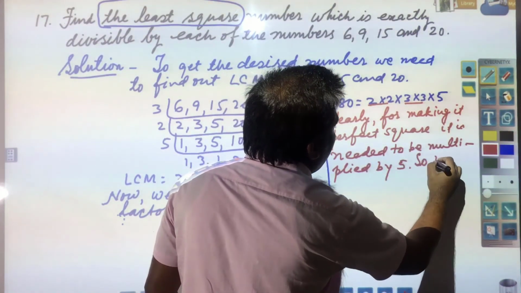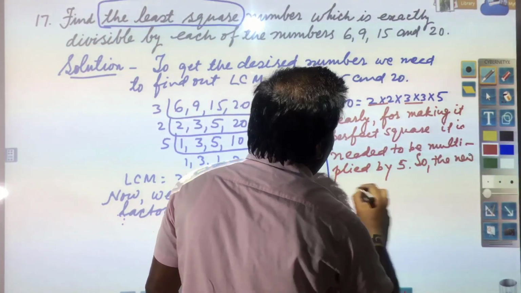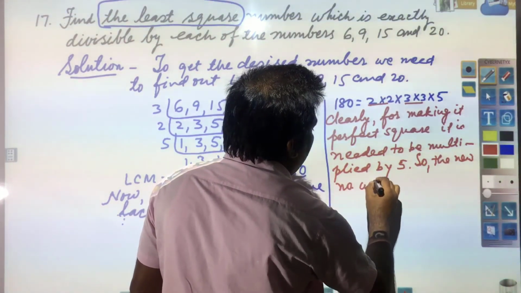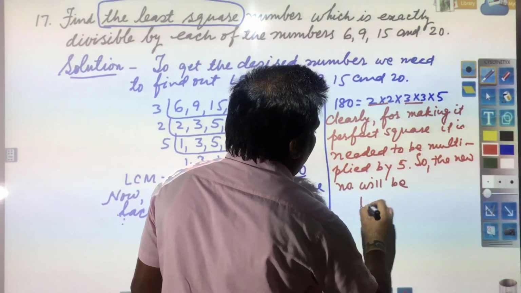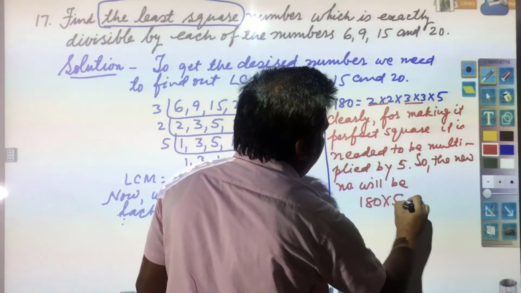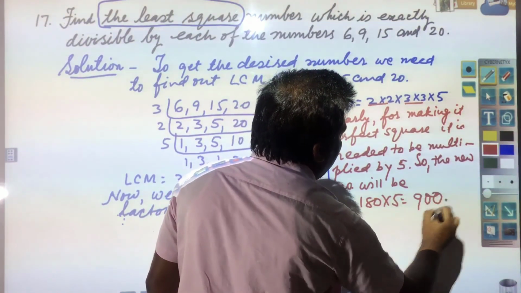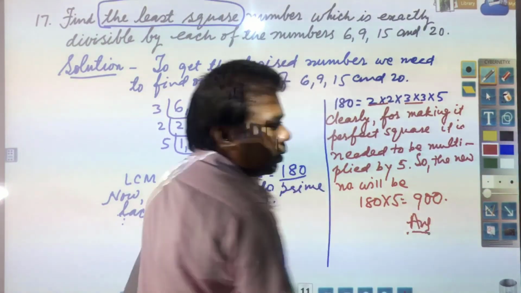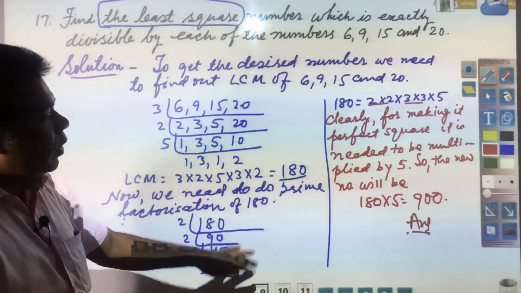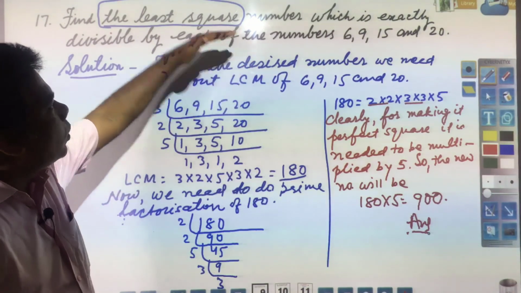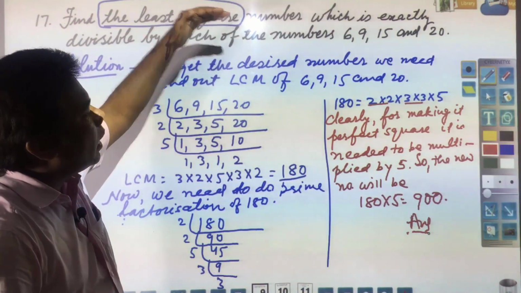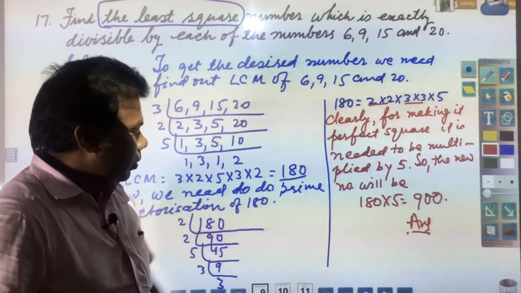So, the new number will be 180 into 5, means 900, and this will be your answer. So, in this way we need to find out the answer. You try to understand the question first and then you try to solve.